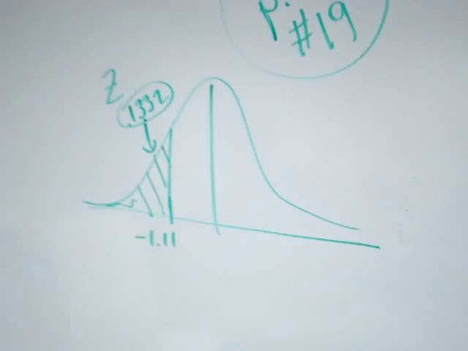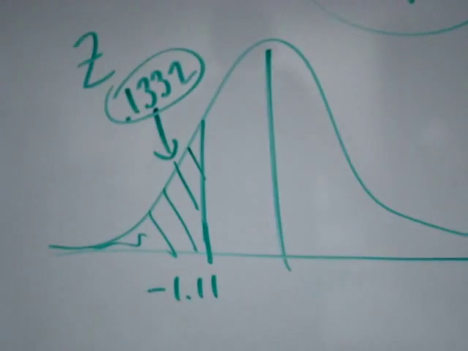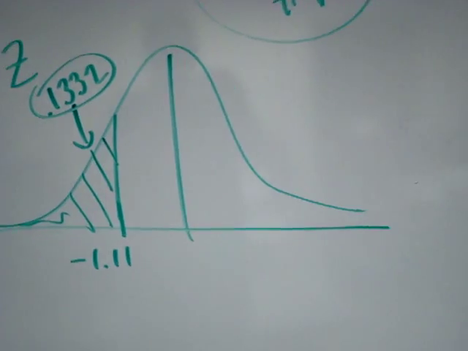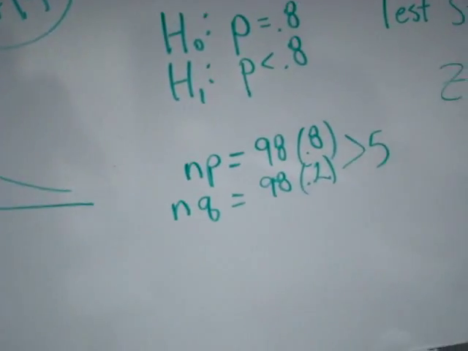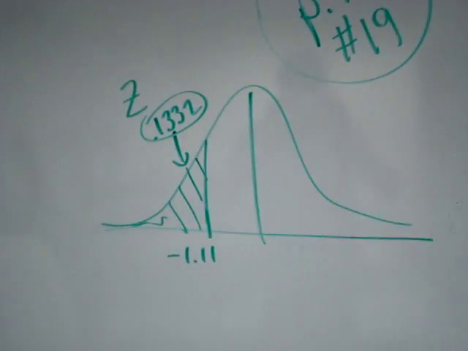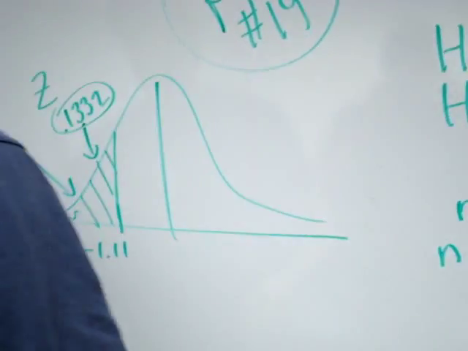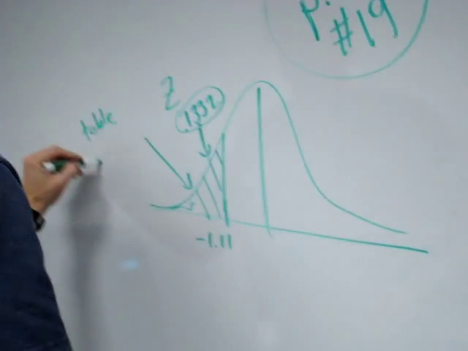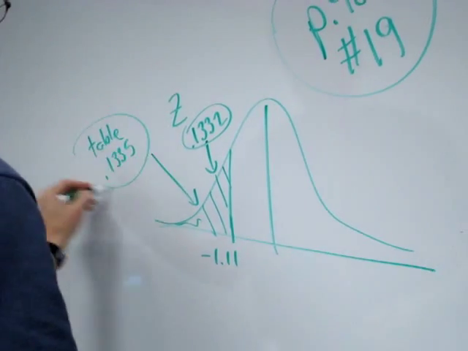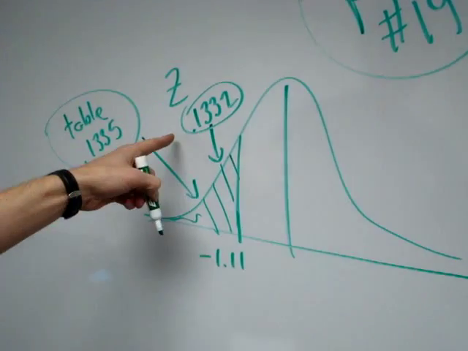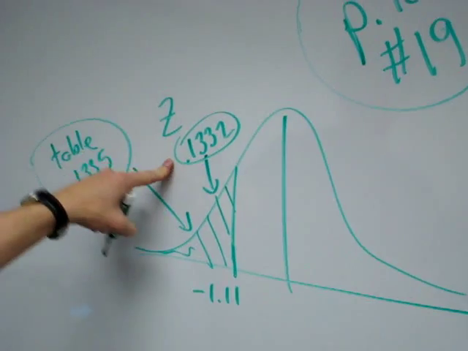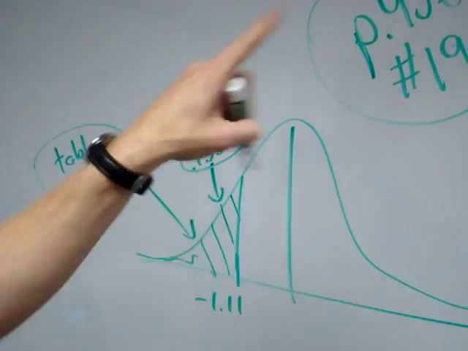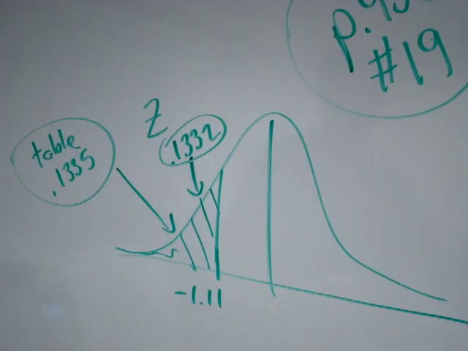If you use the z-table, the amount of area to the left of negative 1.11 is 0.1335. If you use StatCrunch or a computer package to do the whole thing, you'd get 0.1332. So pretty close. What about our decision?